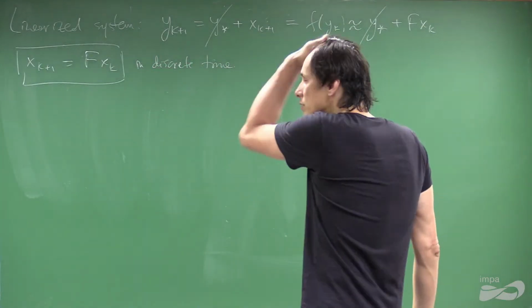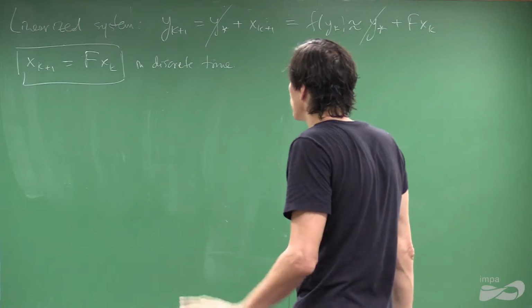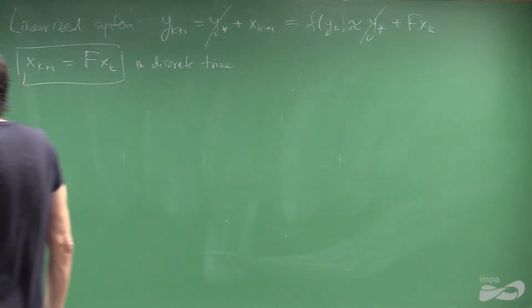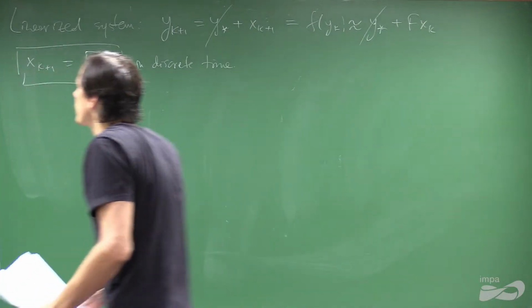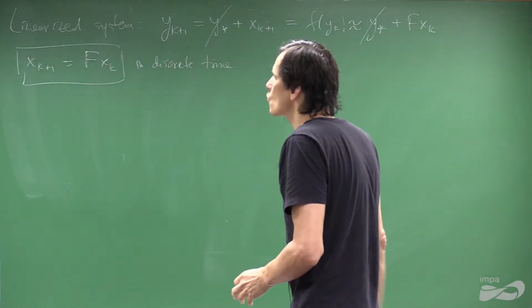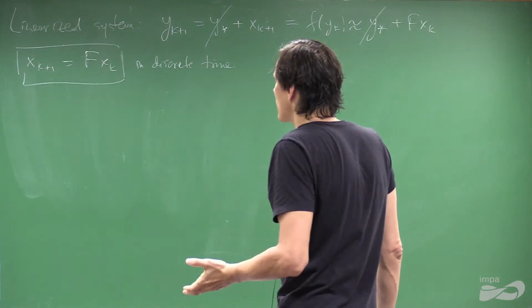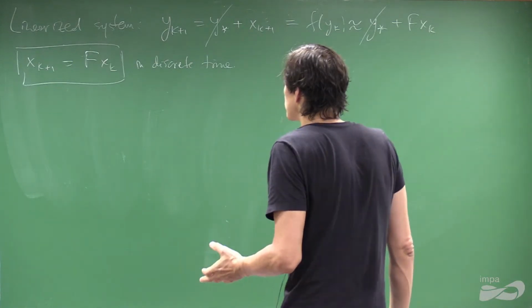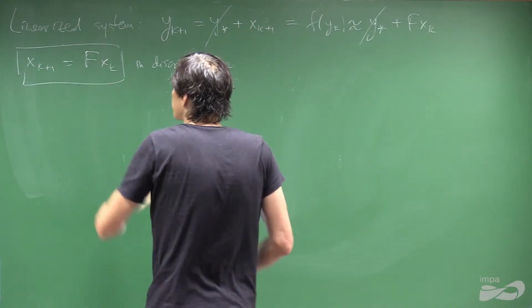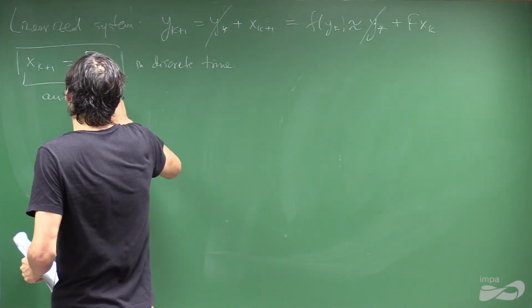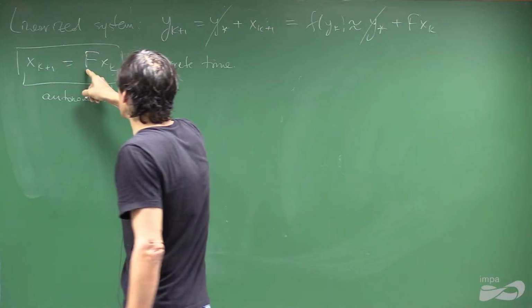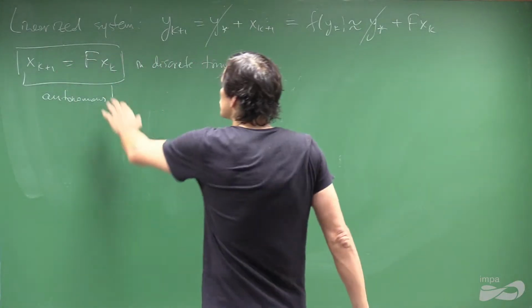So the discrete time picture of the motion is more limited because you don't know what happens in between. You only know what happens at every period. But at the same time, what we gain is that this system is now autonomous. So you see the matrix F, which is standing there, is just a constant matrix.